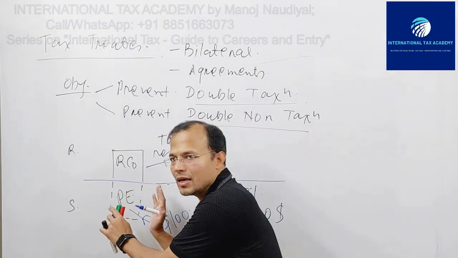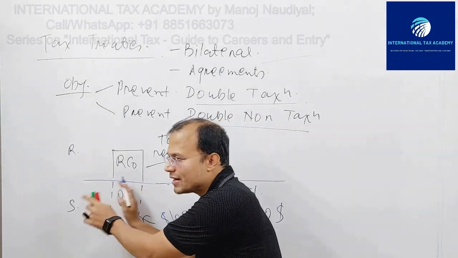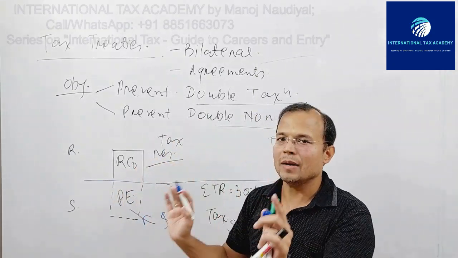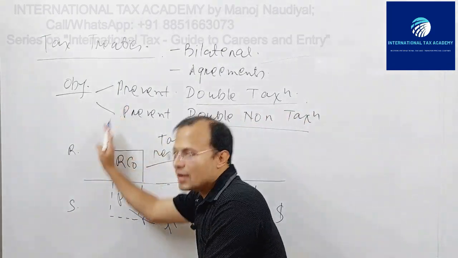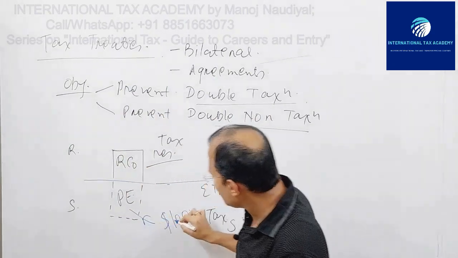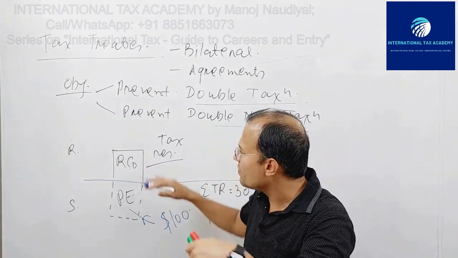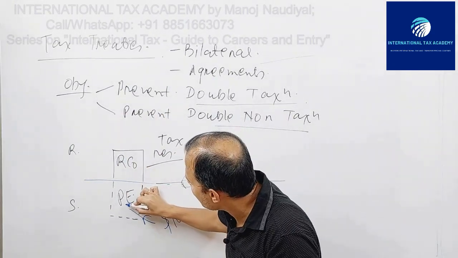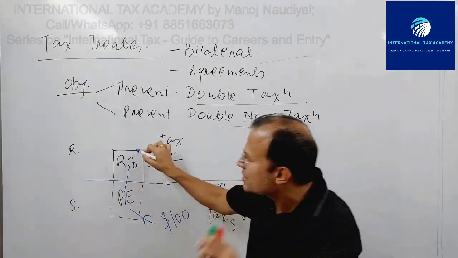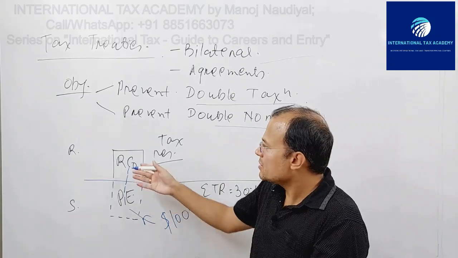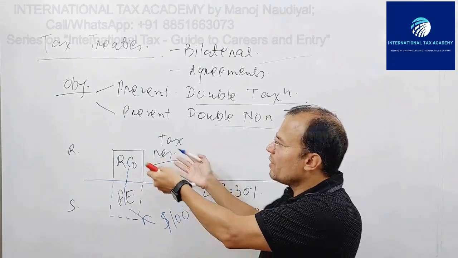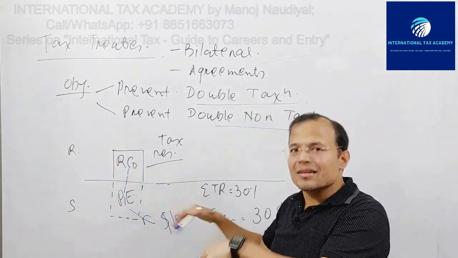This is not legally a different entity. So for all practical purposes, this is just one entity. This is RCO. So ultimately what would happen in the books of RCO? This $100 reaches this country R. So now it's very natural, because RCO is the tax resident of R, R would tax this 100.